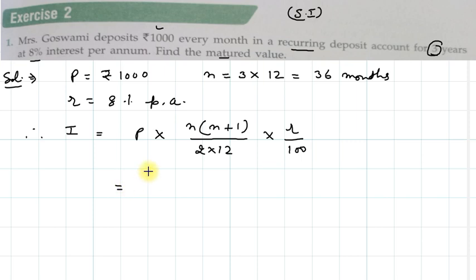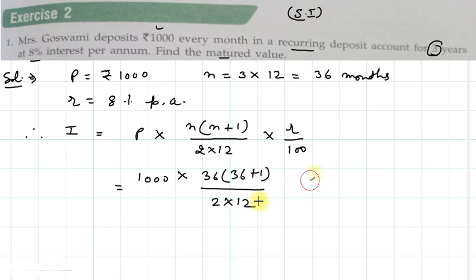So what is the principal? 1000 into n is what? 36. 36 plus 1 upon 2 into 12 into r upon 100, right?